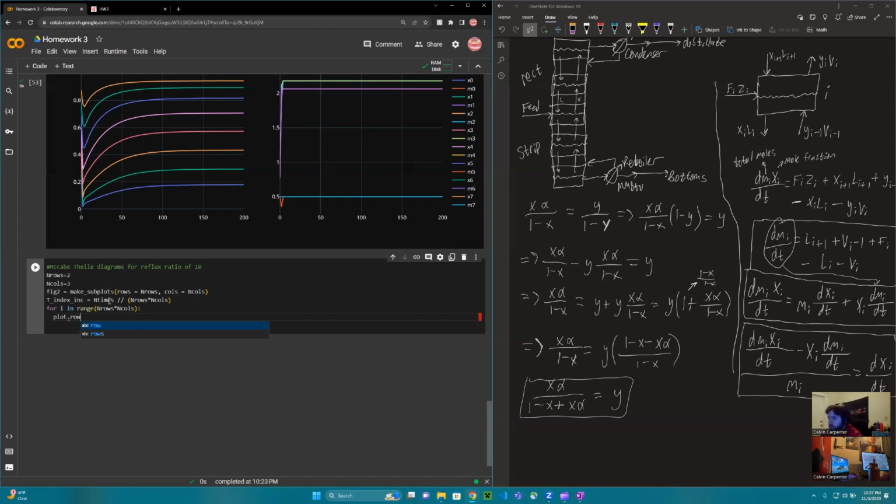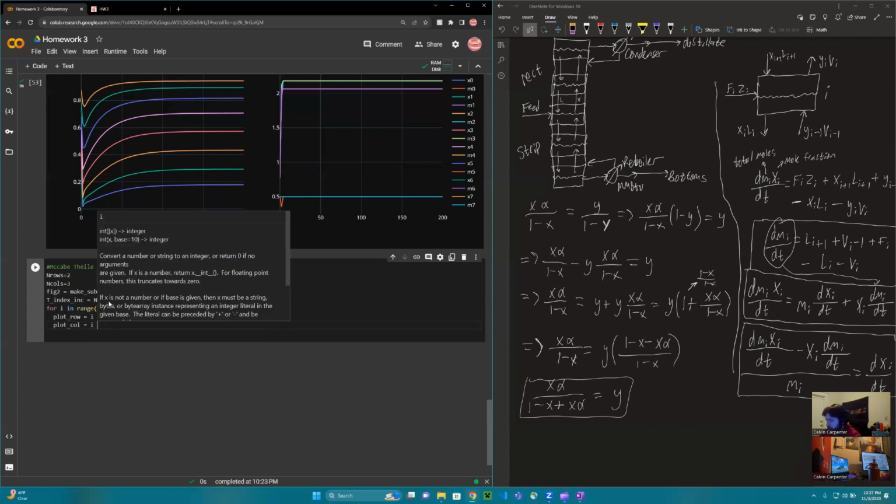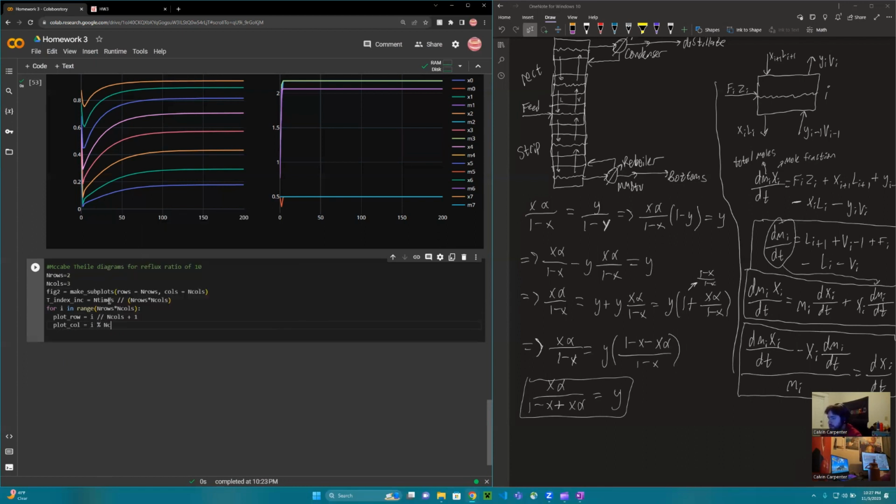Plot_row is equal to I divided by n cols plus 1. Plot_col is equal to I percent n cols plus 1.